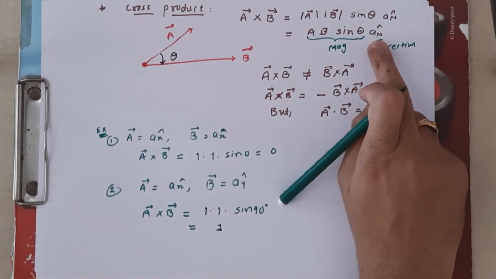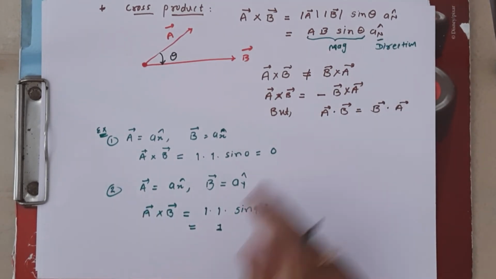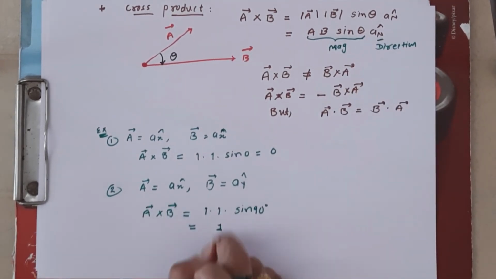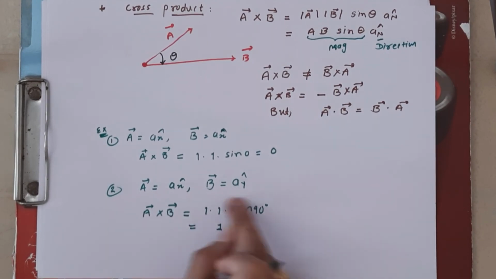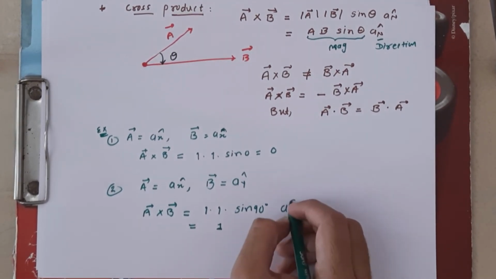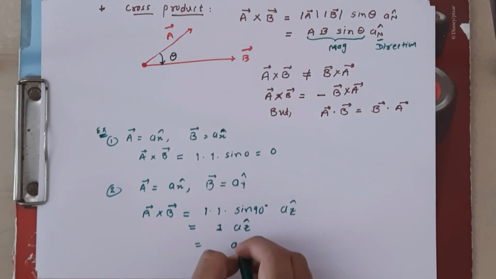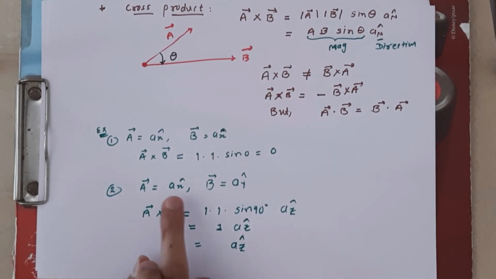But here the AN term means the term which is perpendicular to the plane of A and B. A is in the x direction, B is in the y direction, so the vector perpendicular to A and B is always the z direction. So here I have to write AZ. So 1 into AZ, the answer is AZ. So AX cross AY, answer is AZ.